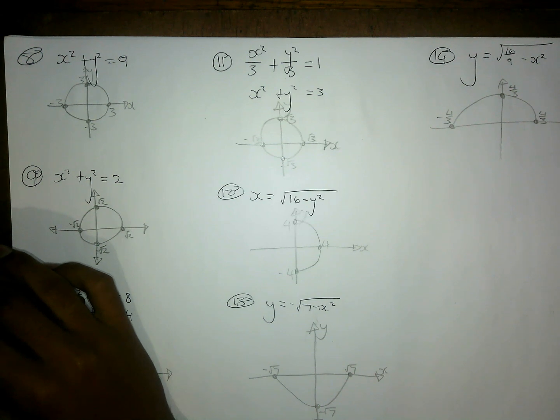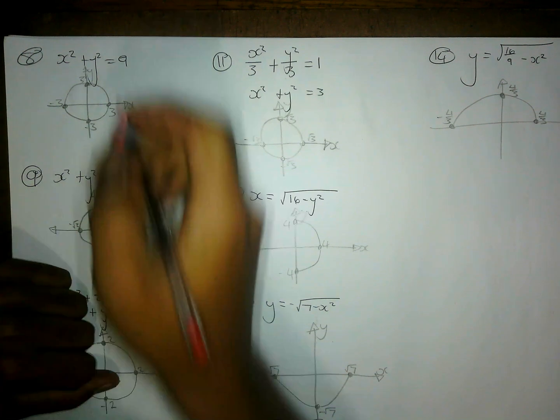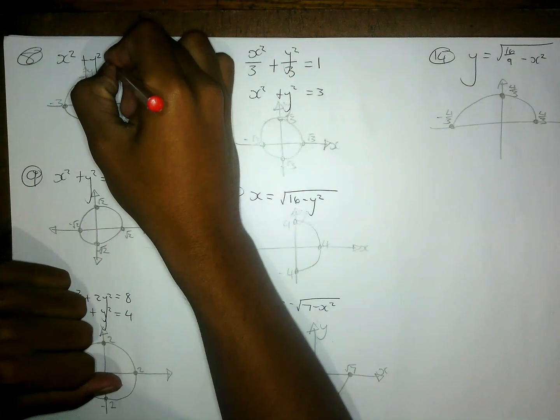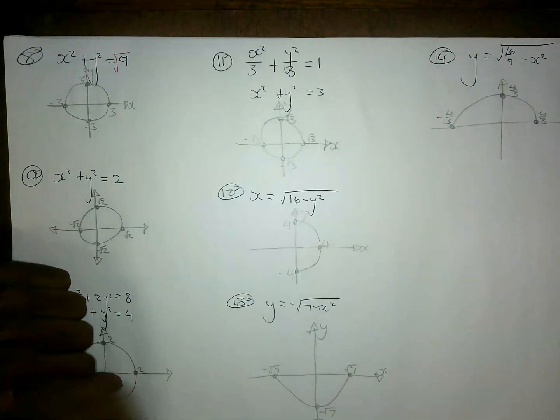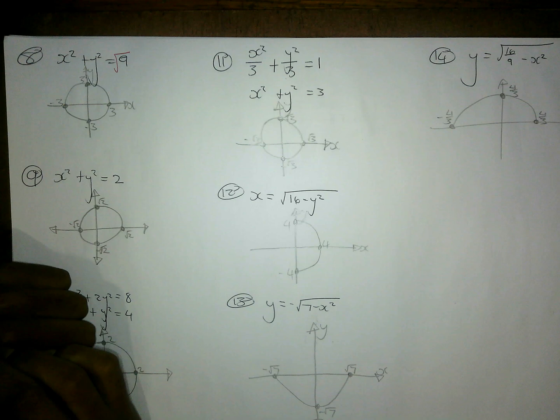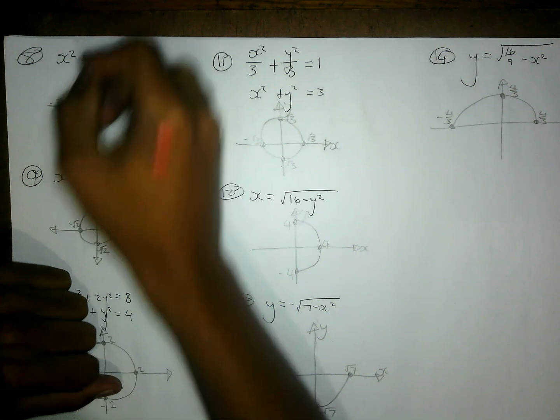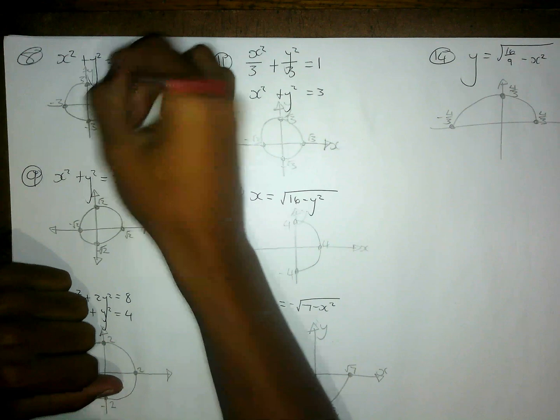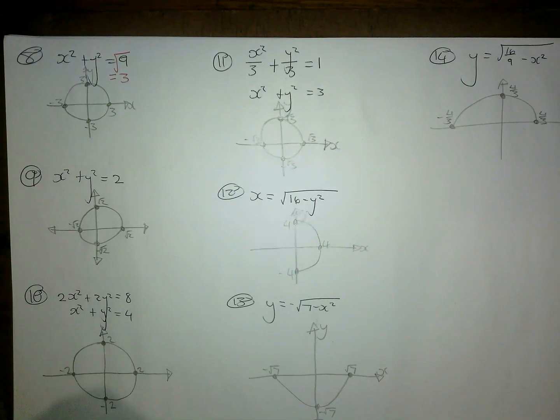All we do is take the square root of 9, which equals 3. So the radius of our circle is 3.